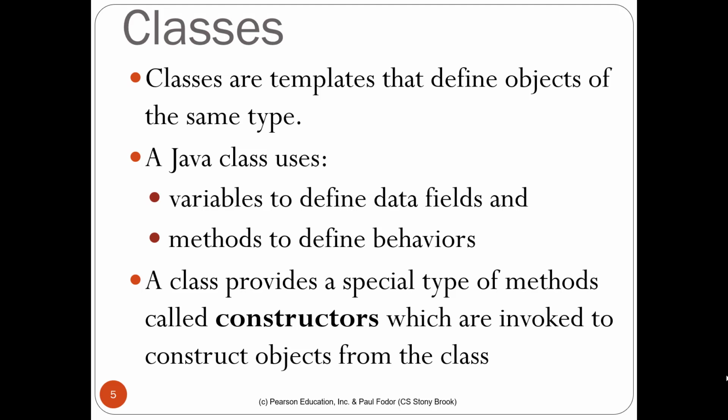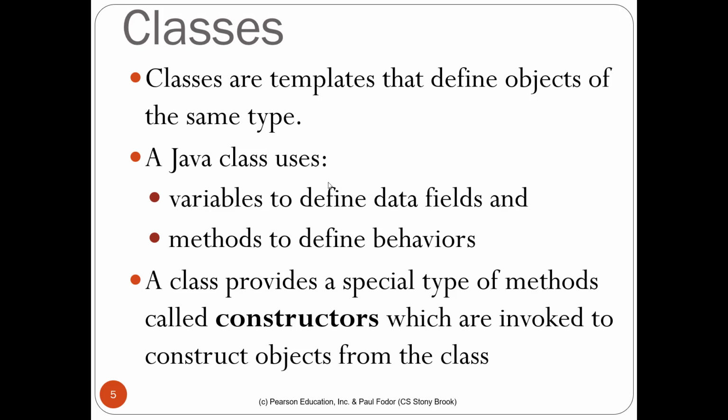So one more time, just for the sake of completion, let's look at what classes are. Classes are the templates that define objects of the same type. We are discussing classes and objects from the Java point of view.